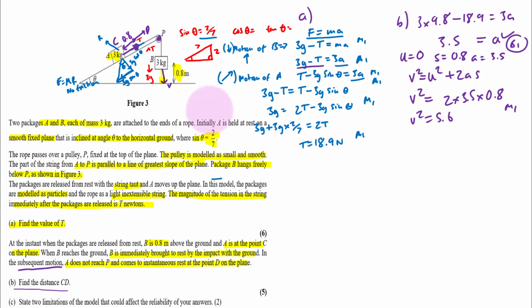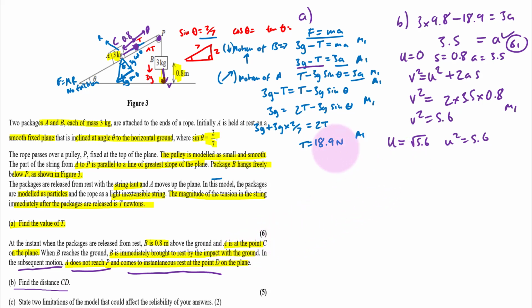So if it's a new motion, when this drops, that means in our new formula u actually becomes the square root of 5.6. So our u squared is actually 5.6, because this should make sense now. A does not reach P but comes to instantaneous rest at the point D on the plane.